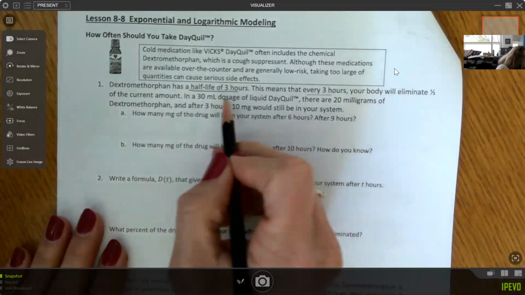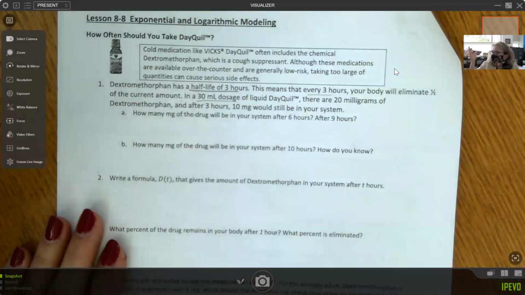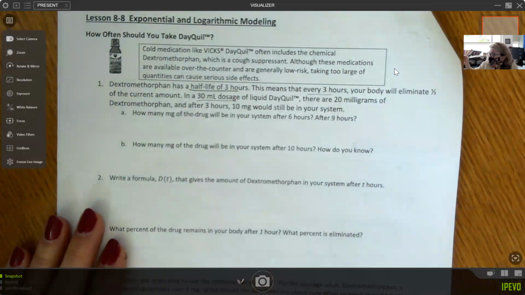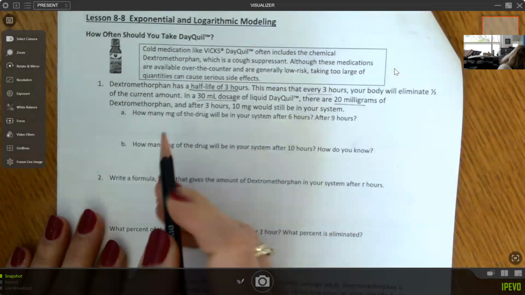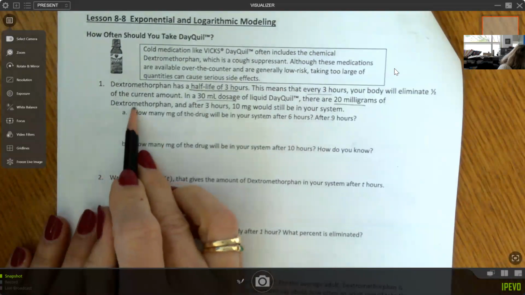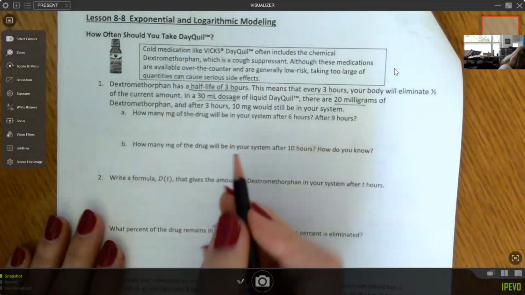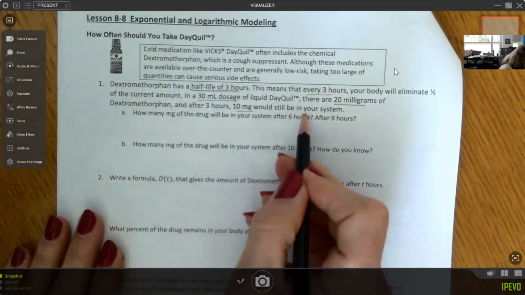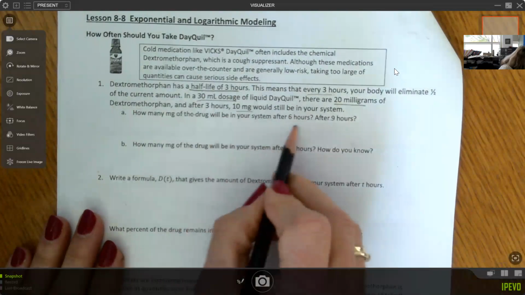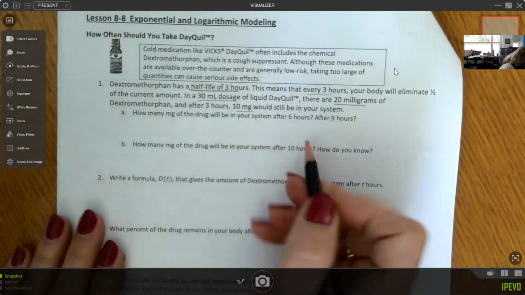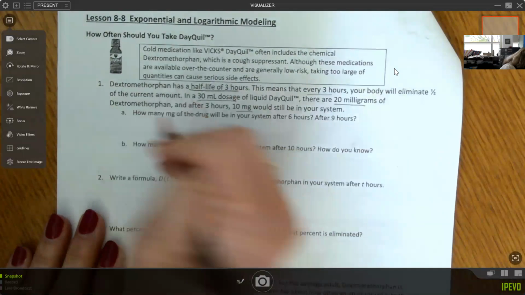There's 30 milliliters in the dosage, but that's not all active ingredient, right? The active ingredient is the 20 milligrams of the dextromethorphan. And after 3 hours, 10 milligrams is going to be in your system. So when they say how many is left after 6 hours, I'm going to say half of 10.